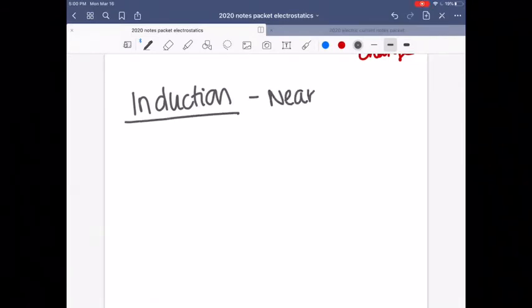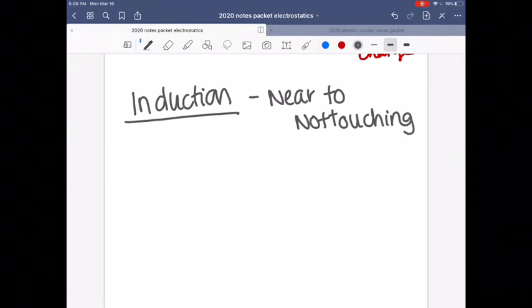This is near to, not touching. So we would start off with a neutral electroscope, just like in the last picture, where we have the same number of positive and negative charges evenly distributed throughout the electroscope.